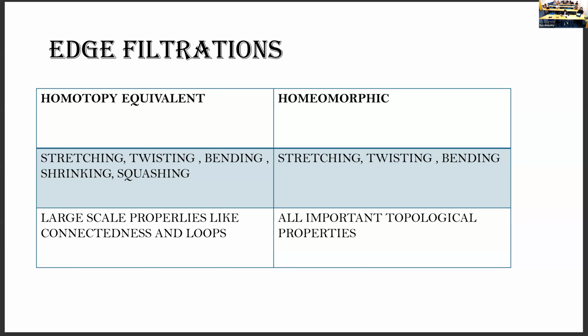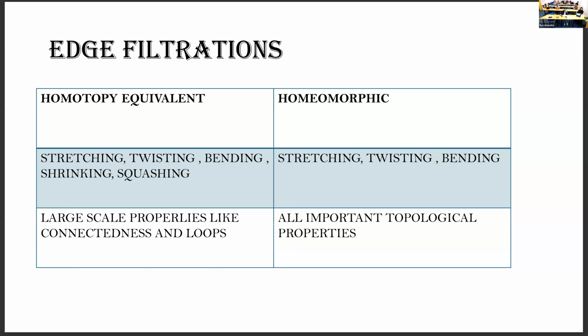If we look at 2 topological spaces, one is homeomorphic to the other if it can be bent, stretched, or twisted into the other. For 2 topological spaces that are homeomorphic, all the topological properties are preserved. Now, in terms of graphs, homeomorphism is a bit of a strict relationship.